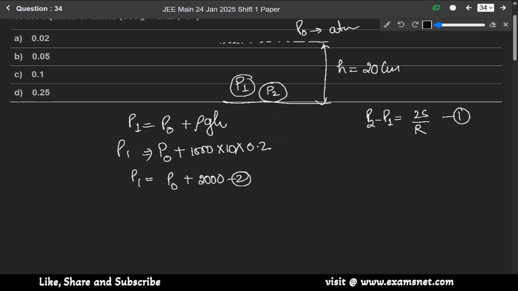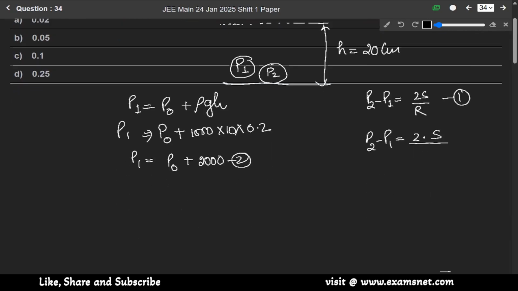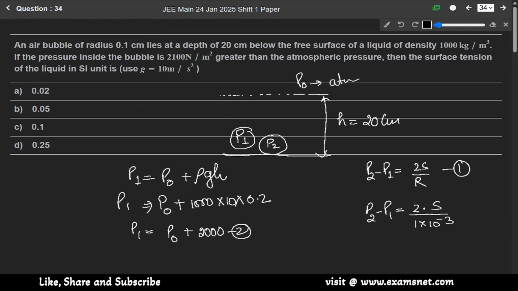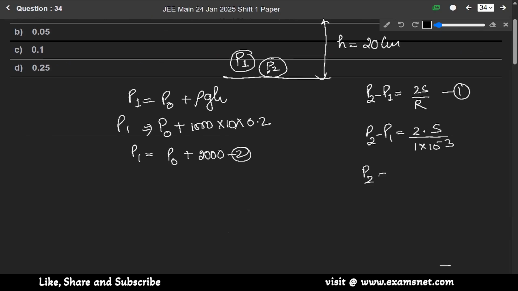Now coming to equation number 1, this P2 minus P1 will be equal to 2 into S over R. R is given as 0.1 centimeter, meaning 1 into 10 to the power minus 3 meter. And it is given in the question that the pressure inside the bubble is 2100 greater than the atmospheric pressure, meaning P2 will be equal to P naught plus 2100.